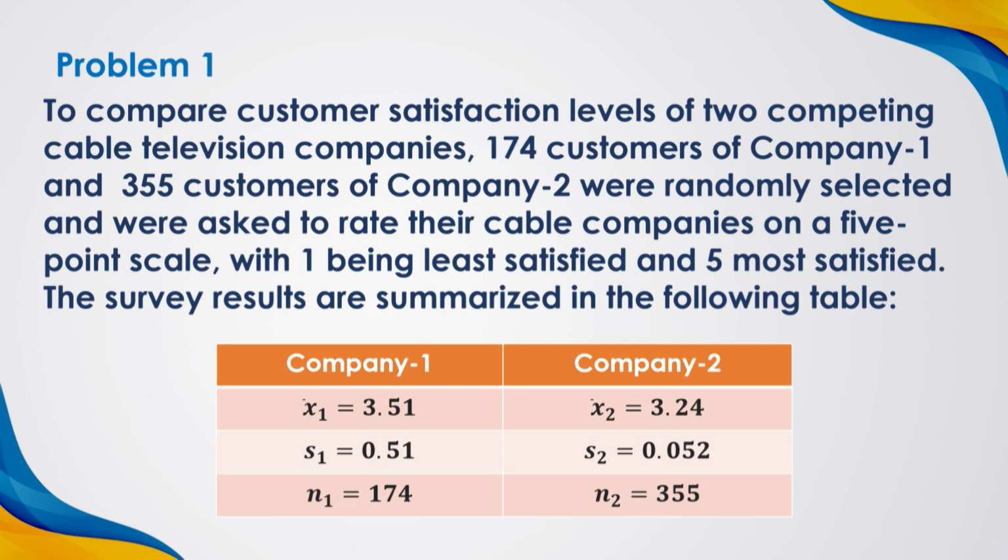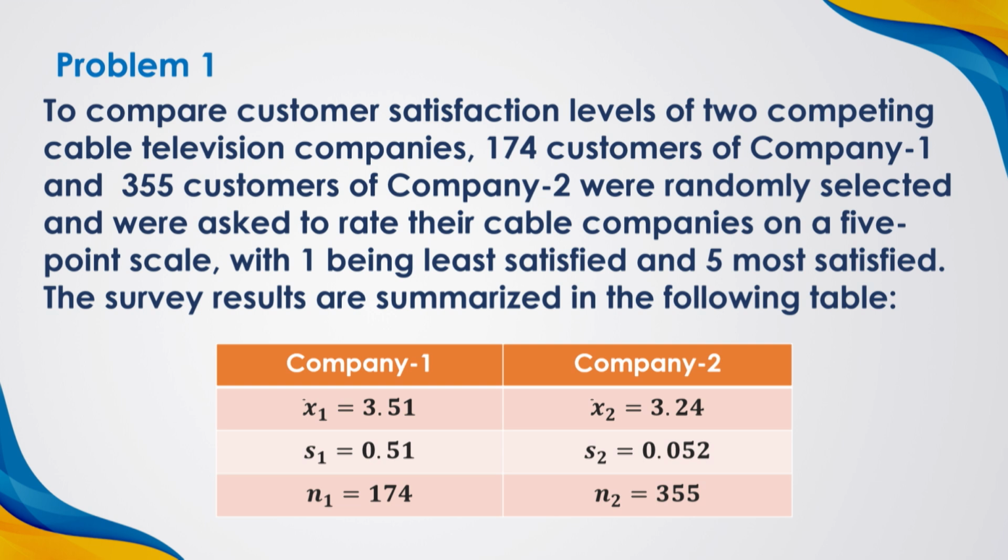To compare customer satisfaction levels of two competing cable television companies, 174 customers of company 1 and 355 customers of company 2 were randomly selected and were asked to rate their cable companies on a 5-point scale, with 1 being least satisfied and 5 most satisfied.